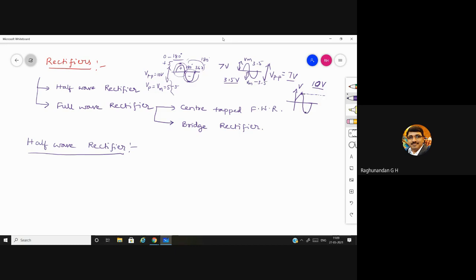The voltage is 10 volt. You are going to measure the voltage from this peak to this peak. So this voltage is considered to be the peak to peak voltage.